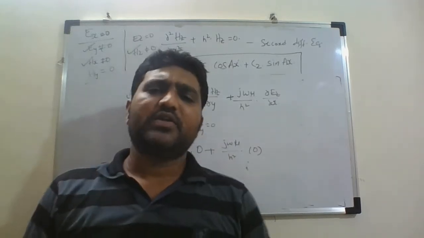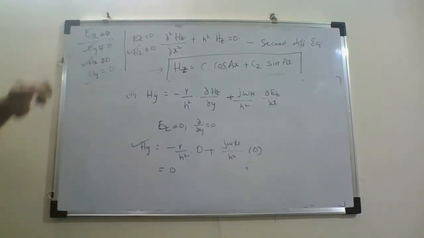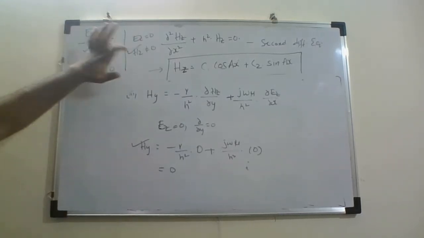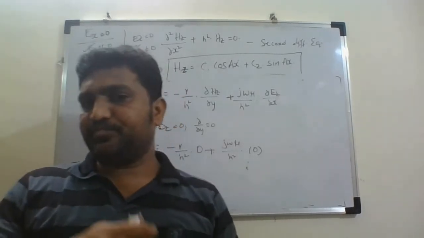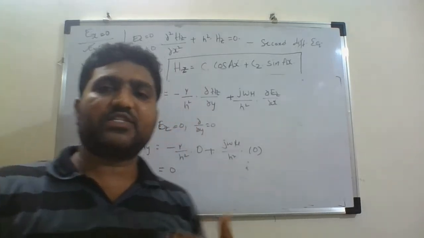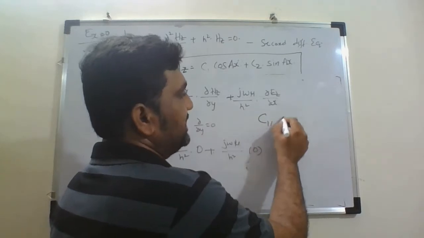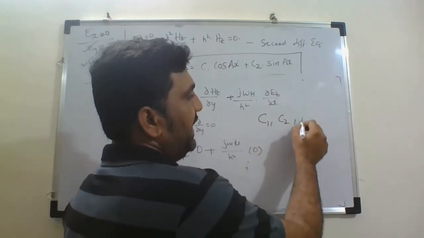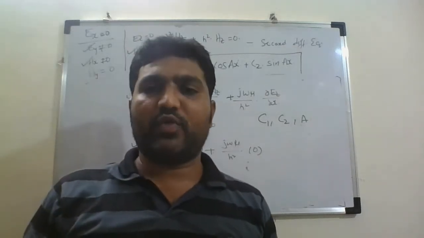So we got the expressions for the field components Ey, Hx and Hz. But we are not done yet. Now let us apply the boundary conditions to this and determine the constants. We have used constants called C1, C2 and A. Let us determine these values with the help of the boundary conditions.